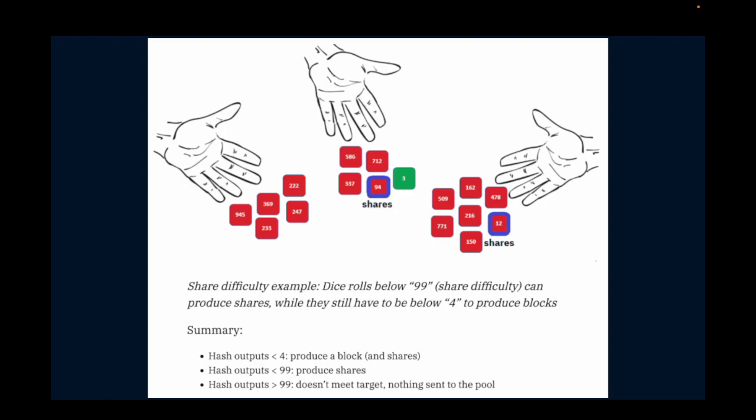And when they're sending these shares to the pool, the pool is able to check, hey, yeah, this individual miner is doing this amount of work. And when we eventually find a block, this miner has earned the right to claim a slice of these rewards that is proportional to the hash rate that this miner is contributing.